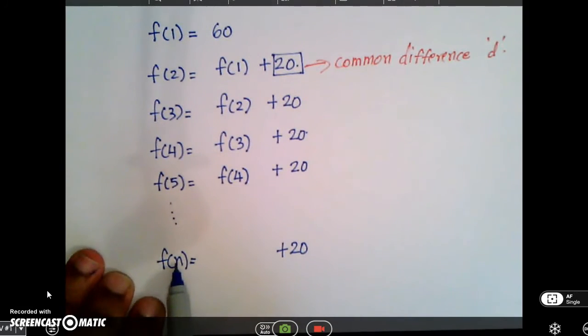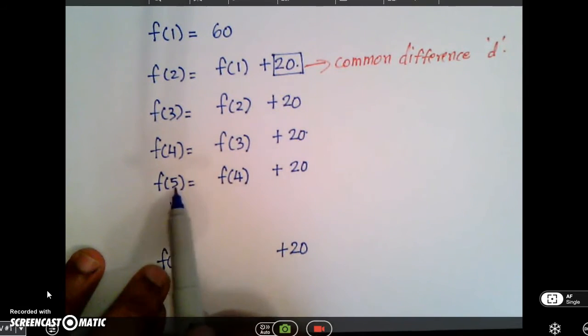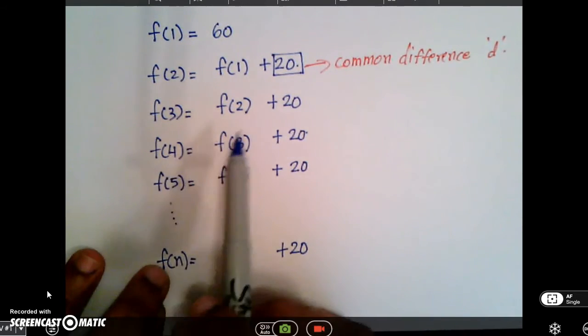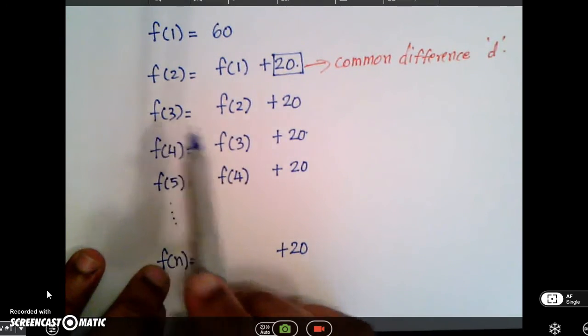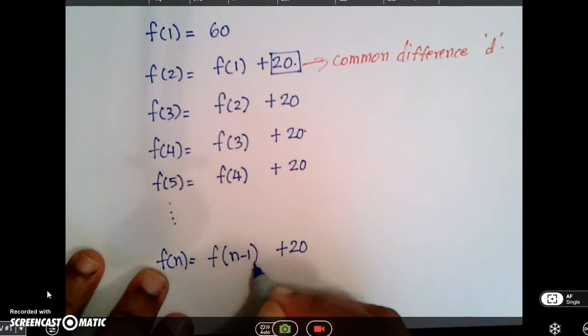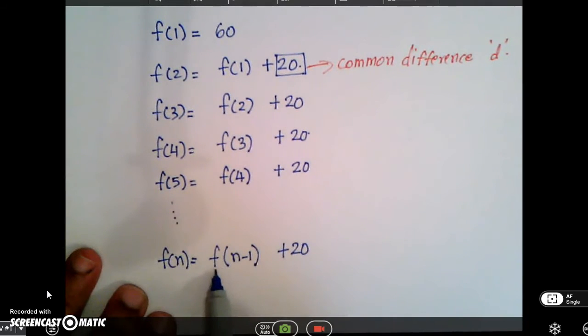Alright, so for f of n, if you look at these numbers, this is 1 less than my current term position. So this will be f of n minus 1. So this is my previous term to my f of n.